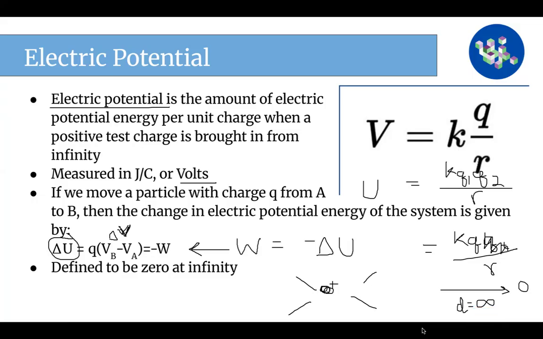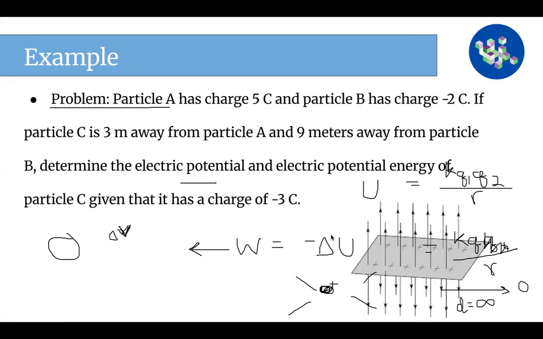But you should look at the problem. Some problems will define potential to be zero at, maybe, the origin if it's on a coordinate plane, so just watch out for that. Next slide.